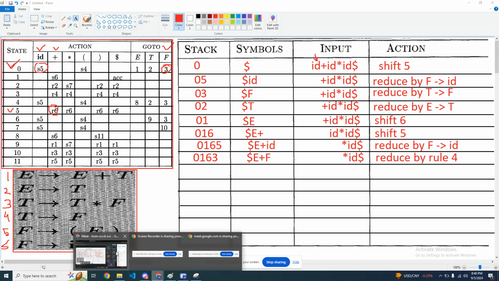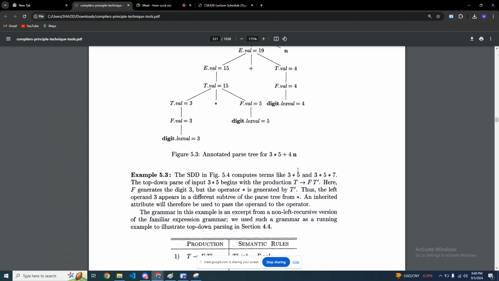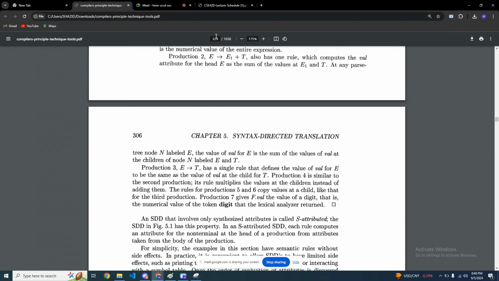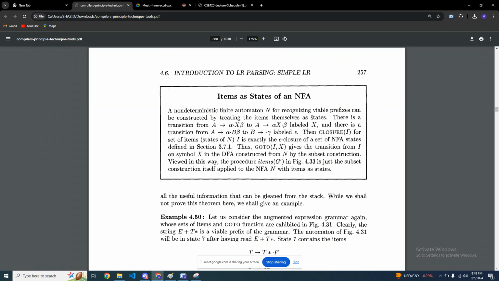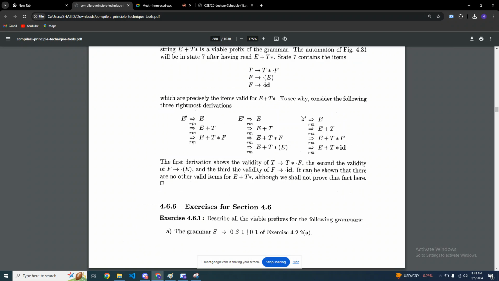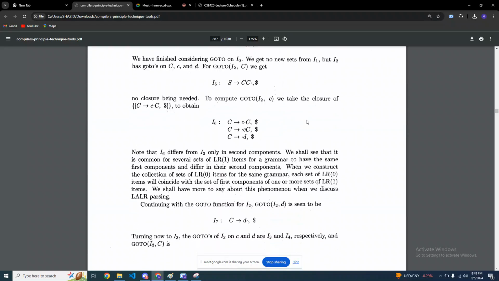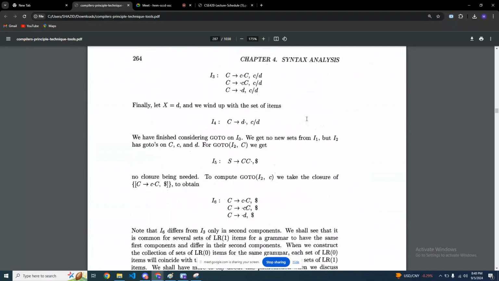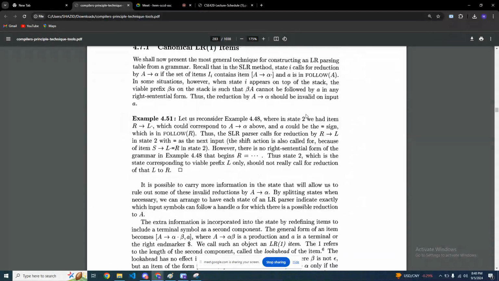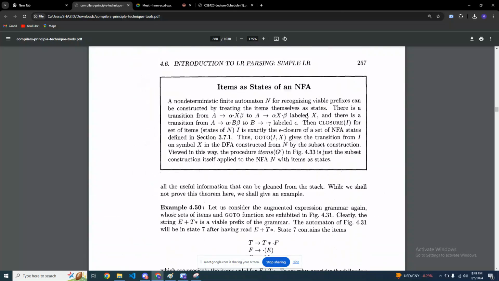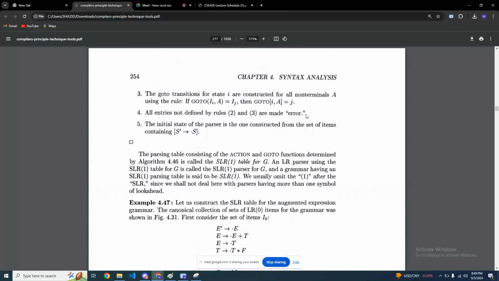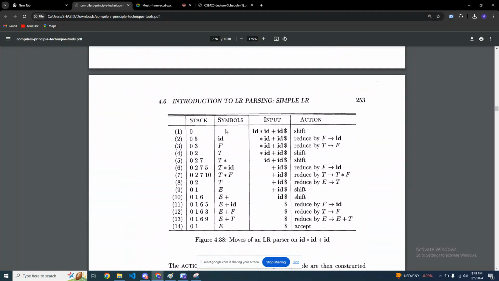Also, your book has an example as well. Right, so there is an example which is id into id plus id.